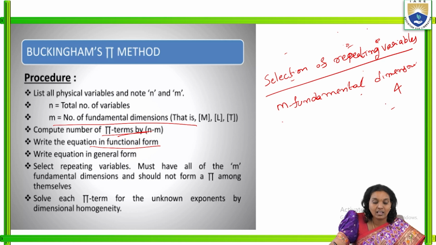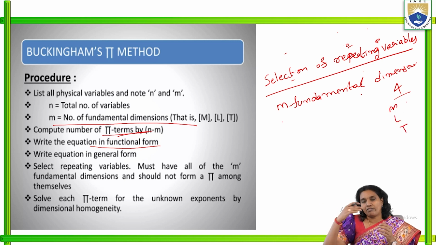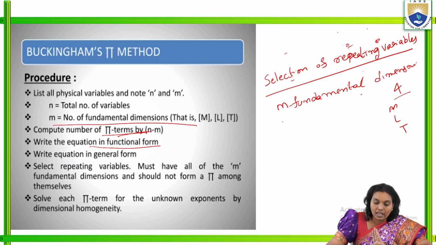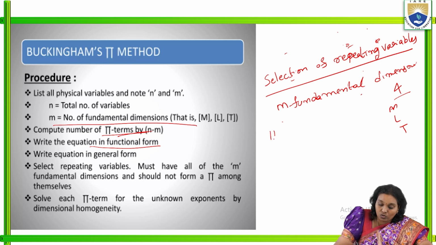Finally, we will get n minus m pi terms. Based on that, we are selecting the repeating variables, and in those, M, L, T may be in any of them; finally we should get M, L, T among all of them. It is not required in each variable. And they should not form a pi term among themselves. So those pi 1, pi 2, pi 3 are different.